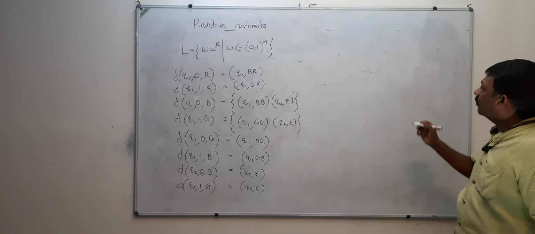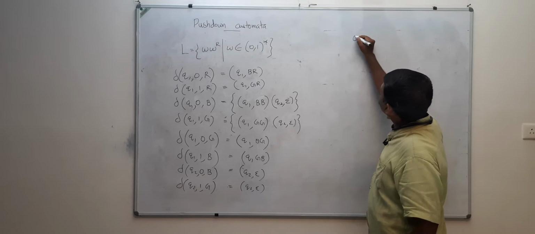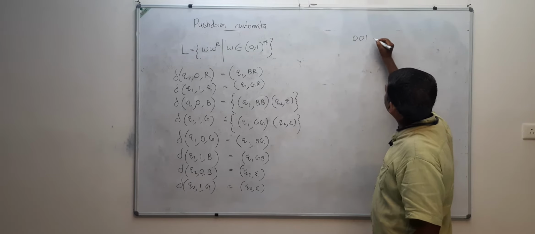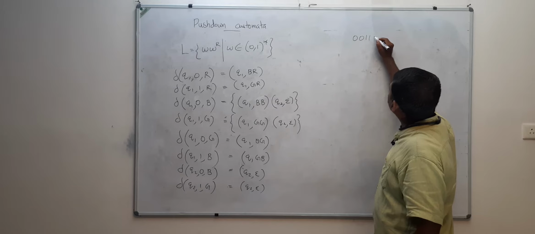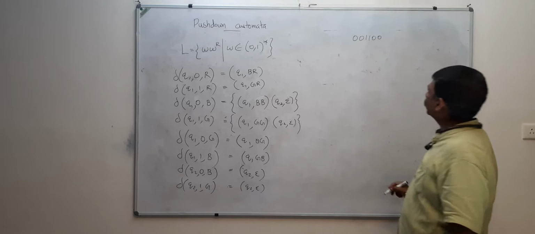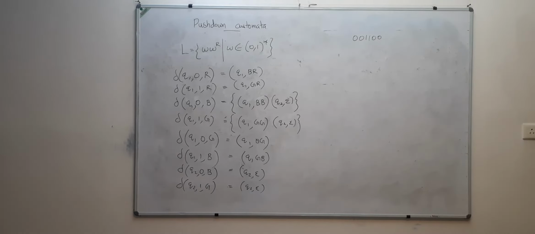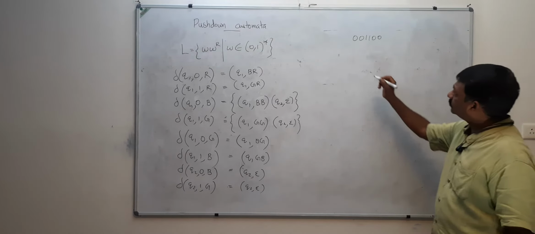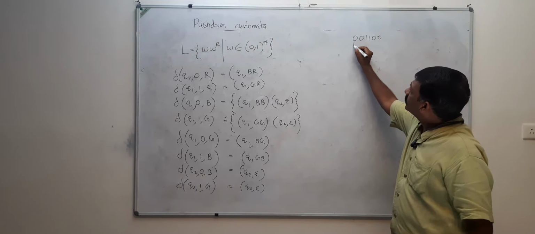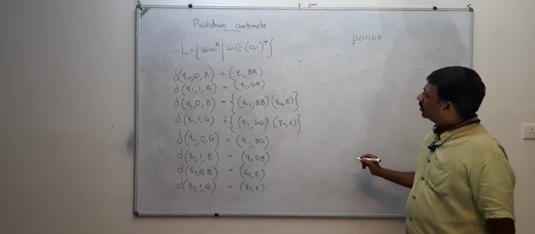Suppose that I have the input 0, 0, 1, 1, 0, 0, and initially the finite control is in state Q1.